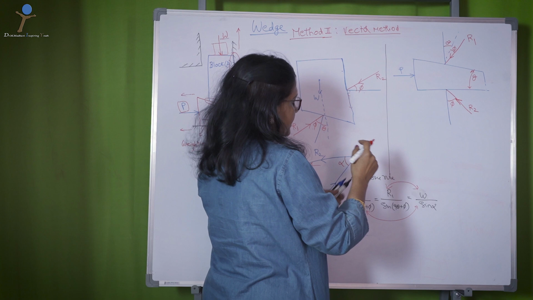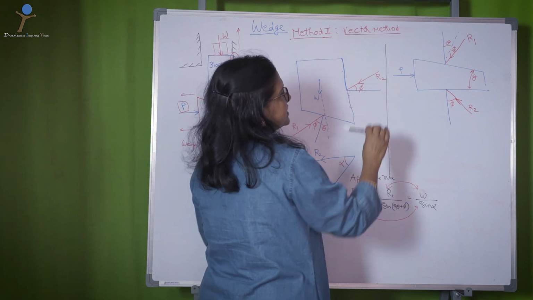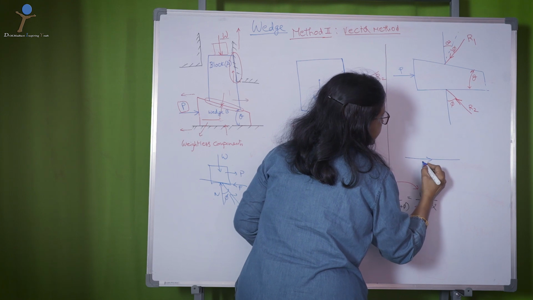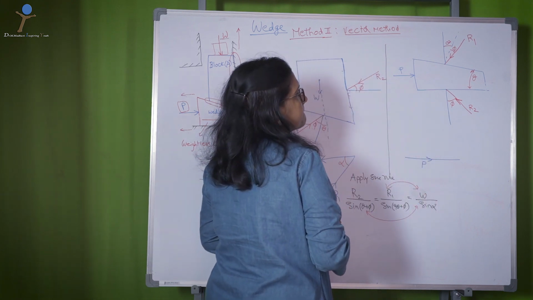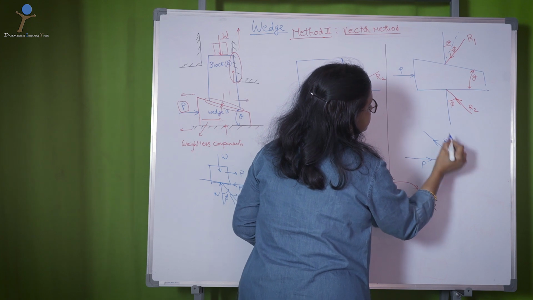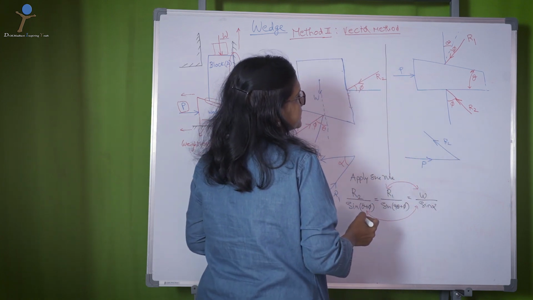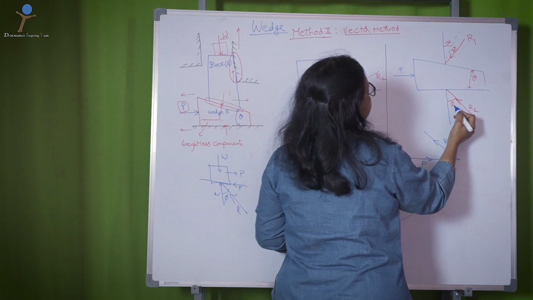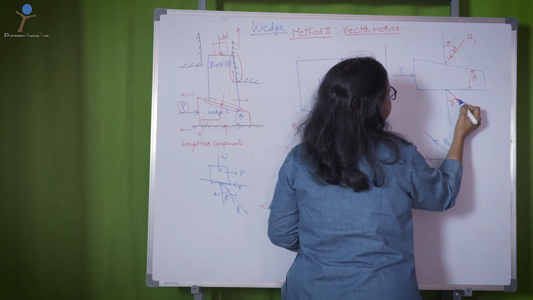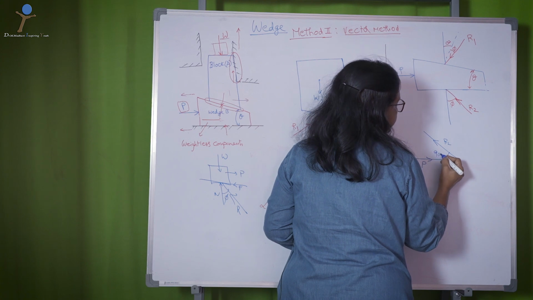Now, draw the vector diagram for this. For this, the vector diagram goes this way. This is P, this is R2, R2 with P. That means P is this way, right? R2 is with this phi, so this becomes 90 minus phi.